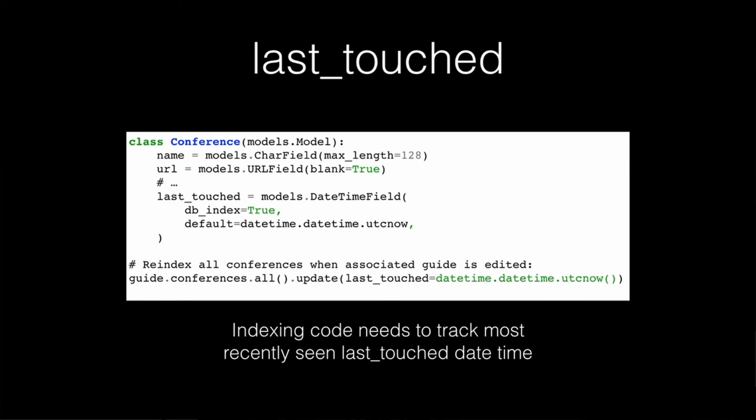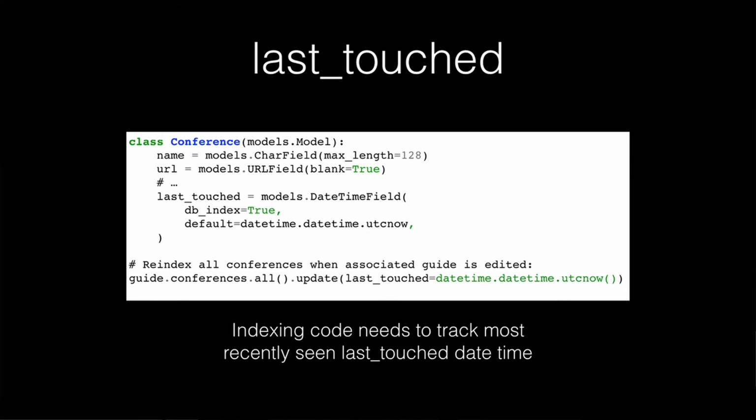There's a slightly different technique which I would recommend if you're going to go with this kind of thing, which is that instead of using a Boolean flag, use a last touched datetime field. Again, database indexed with defaulting to now, and you set that to the current date whenever you need to flag it. The reason for this is that sometimes you'll want to have more than one search index running off the same database.